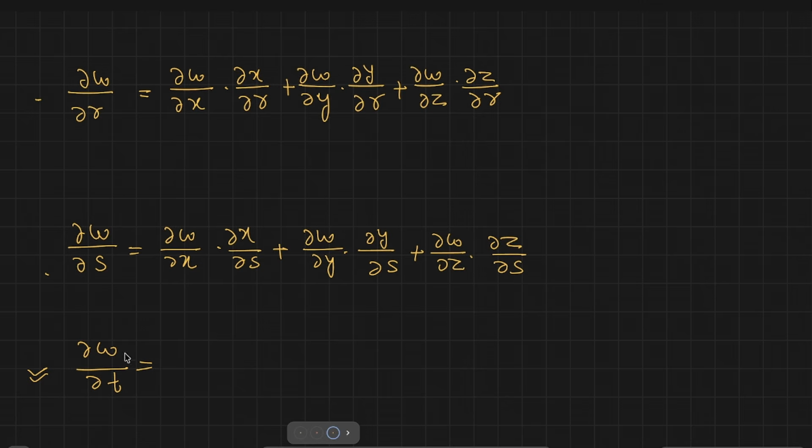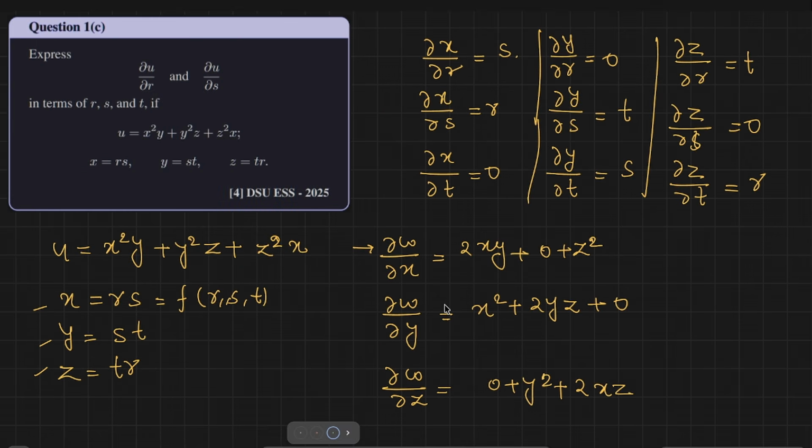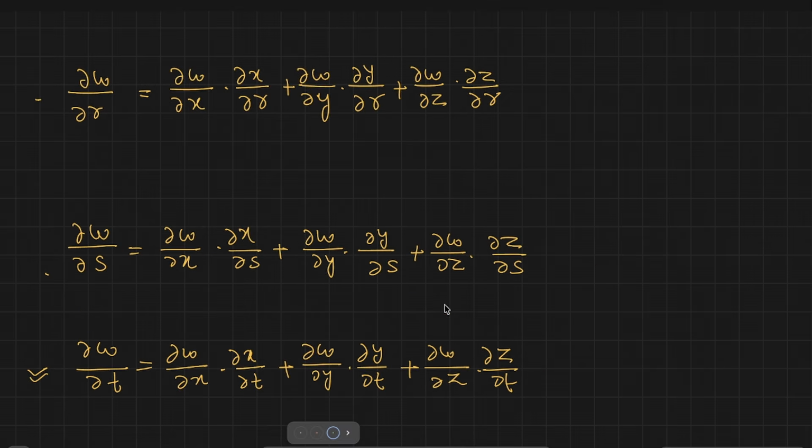Here this is not asked in the question, but you can also see this thing. It is ∂w/∂x, ∂x/∂t. Sorry, yeah, correct. Then ∂w/∂y, ∂y/∂t, and then ∂w/∂z, ∂z/∂t. So you can write down all these, put all these values, and then you will get the answer. So I have the final answer.